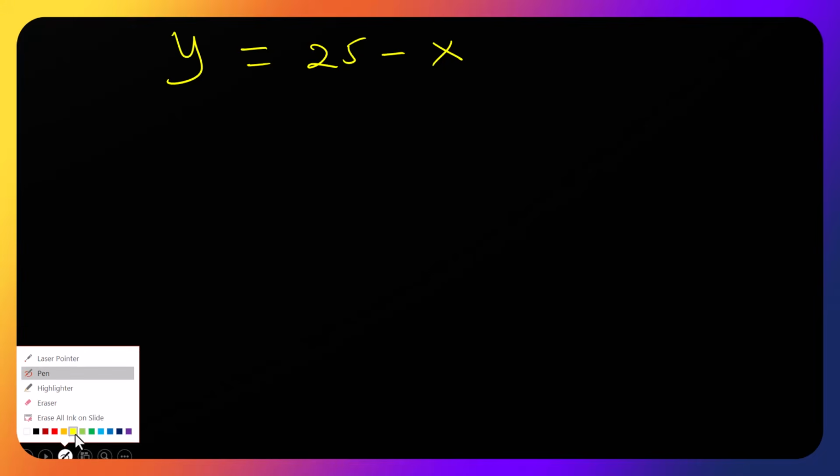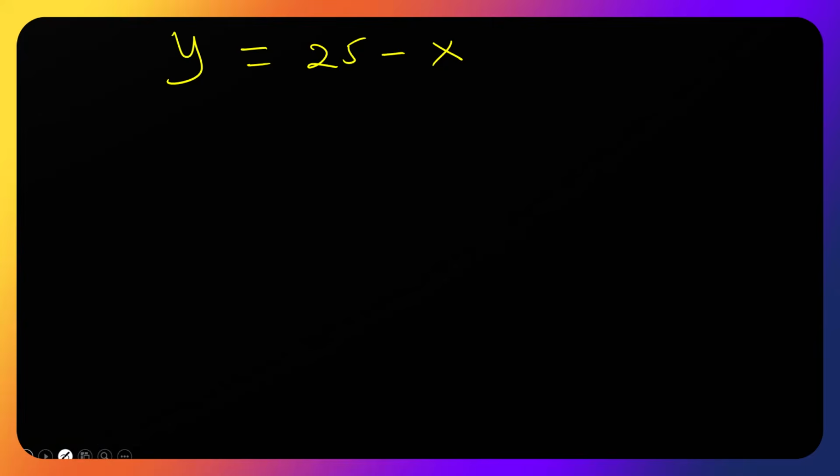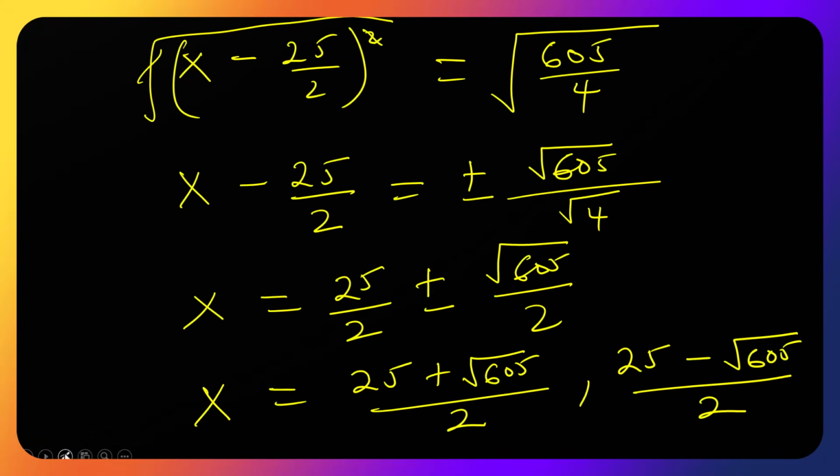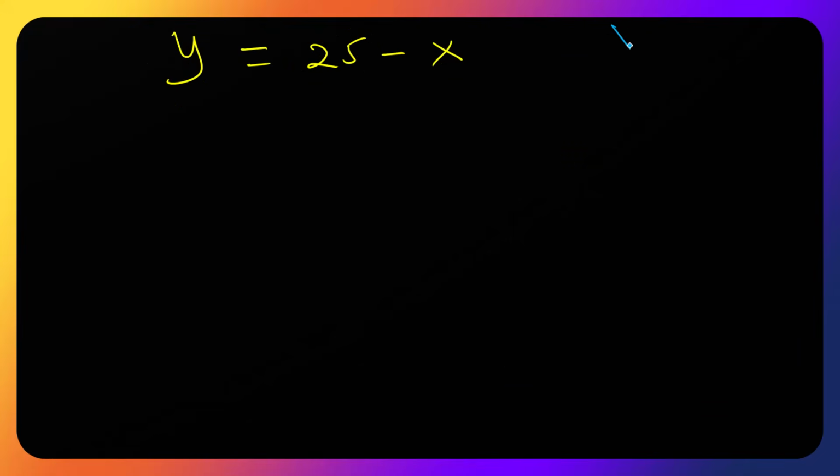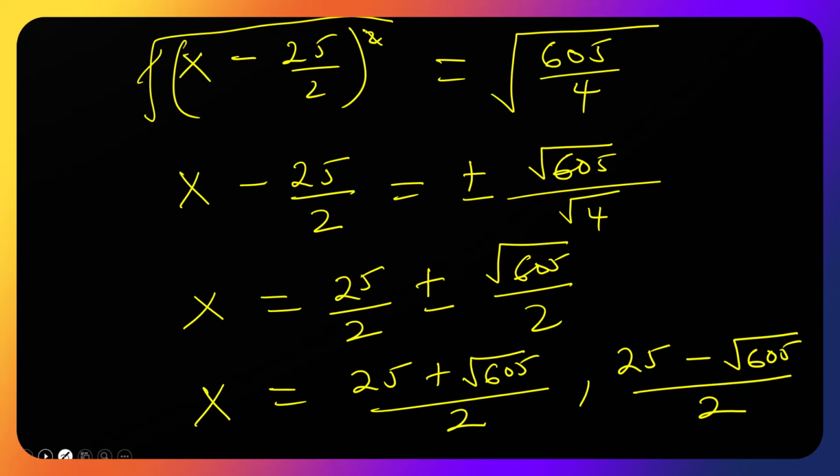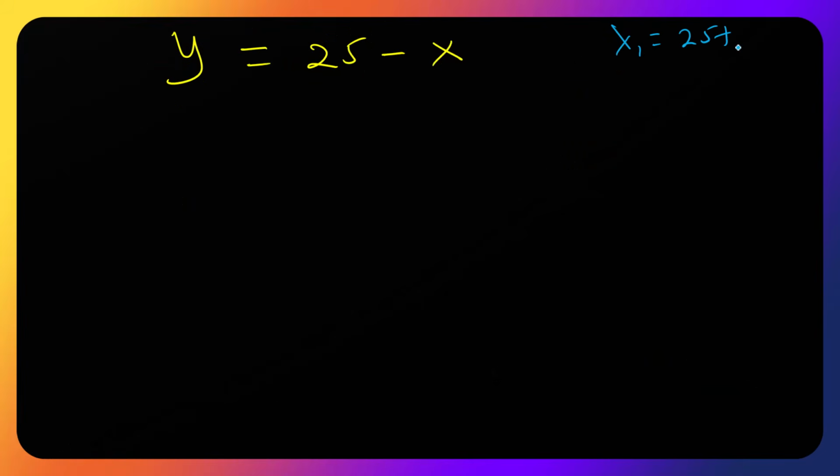But now x1 is 25 plus the square root of 605 on 2. So okay, it's plus or minus that. So let's look for the first one. This one is x1, x2.